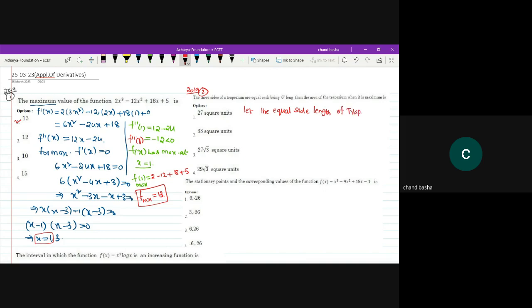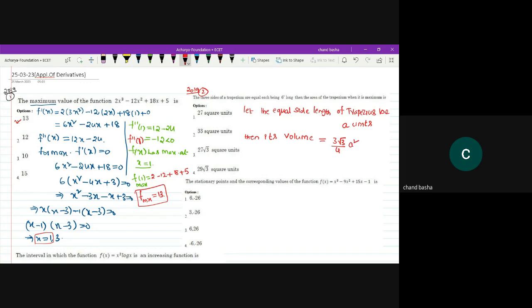be a units, then its area is equal to 3 root 3 divided by 4 a square.